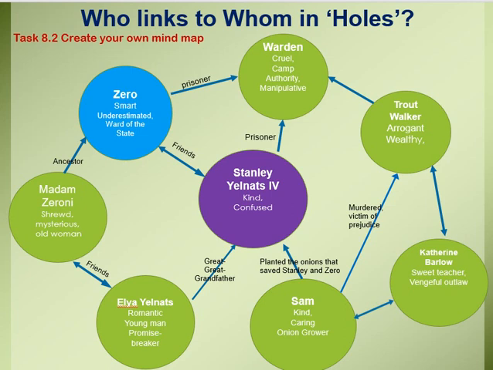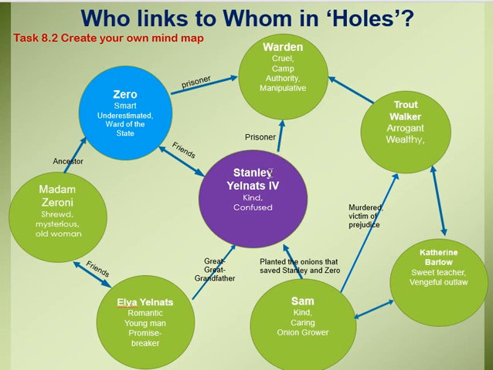Now, if you can see, Zero and Stanley are friends, so I put them down as a double arrow. So I've got Zero, I've got 3 descriptions of him. Stanley, I haven't finished, I've only got 2, but you can figure that one out yourself. And they're both friends, so it's an equal sort of connection. The warden, I've got a couple of descriptions of her.